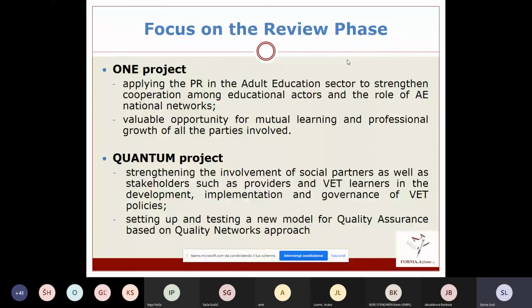And it's also for the one project that is focused on applying the peer review in the adult education sector and strengthening the role of adult education national networks.